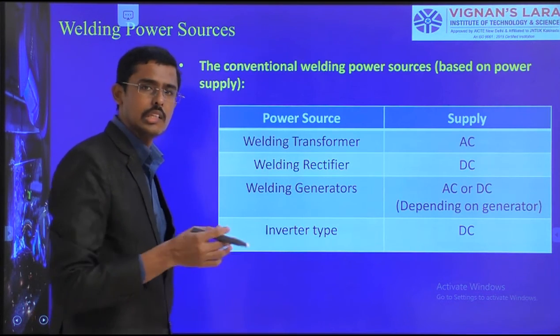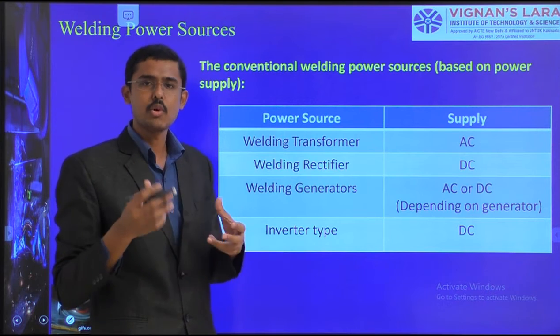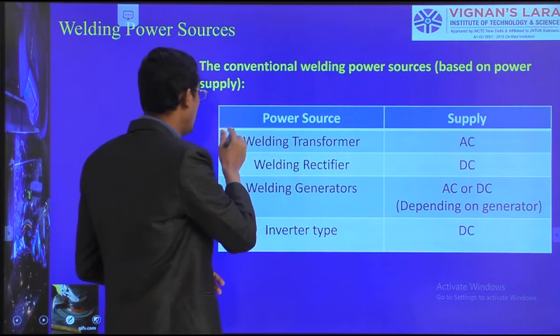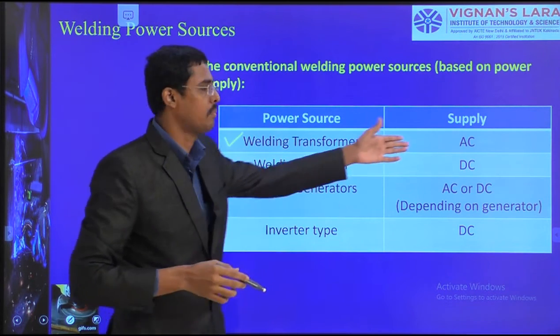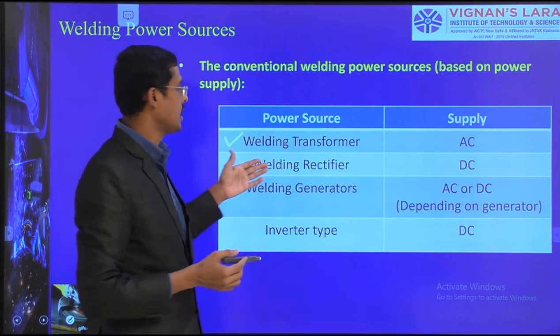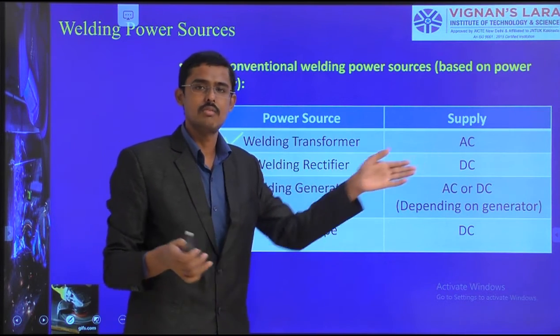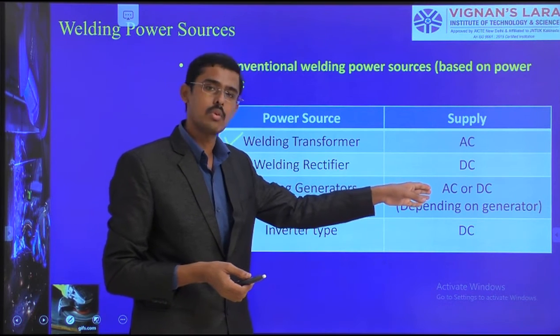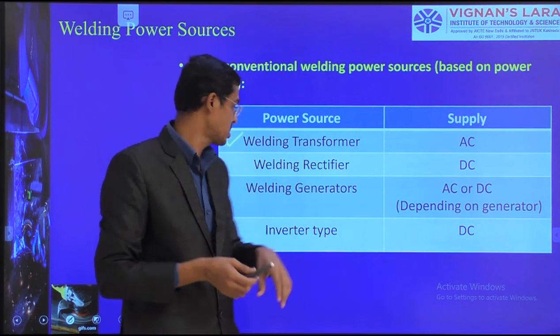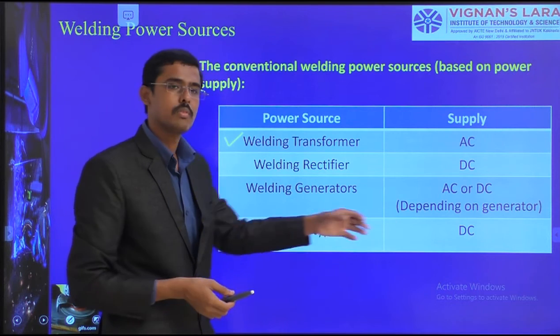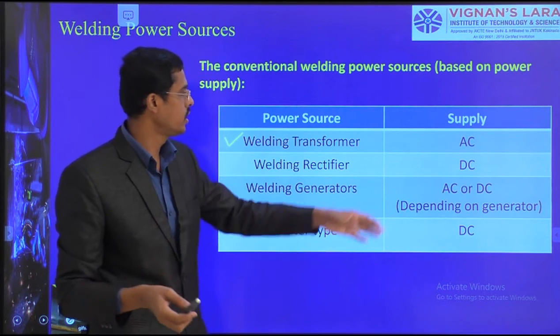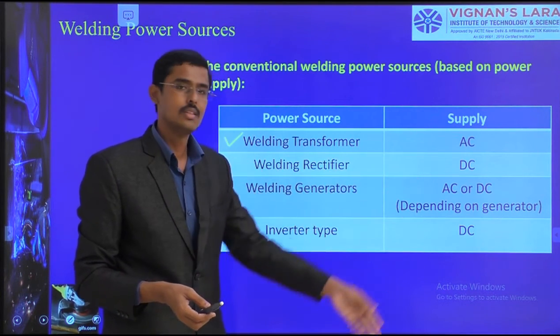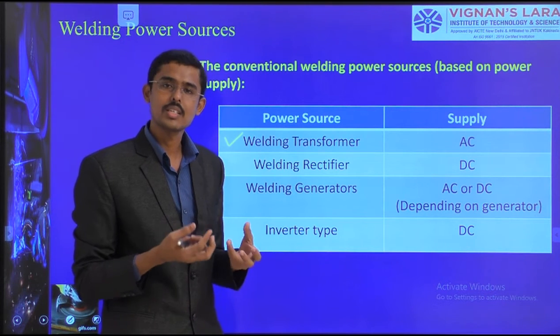Therefore I have a setup of machines such as welding transformers, which supply the AC, welding rectifiers, which supply the DC in the required format, and welding generators, which can be utilized as AC or DC by switching, and inverter type, which gives the DC. Mostly we use DC supplies for our welding process because direct current is needed.